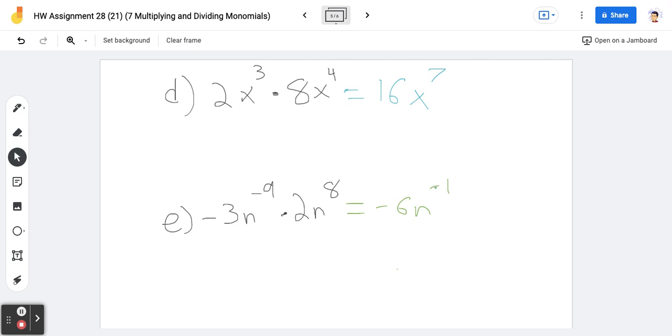So this is going to be written as negative 6 over n. I could say n to the 1st, or I could just say n. I'll leave it as n to the 1st for now. But that's what my final expression is going to be. The whole expression is going to be negative, not just the 6. So everything in the expression is going to be negative.